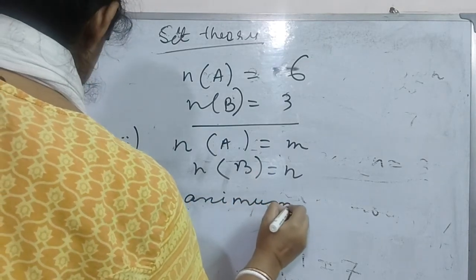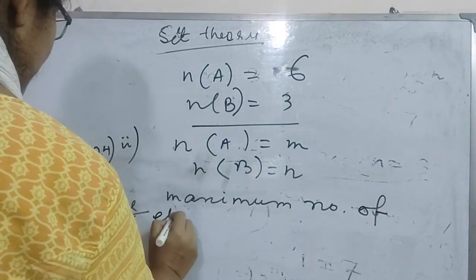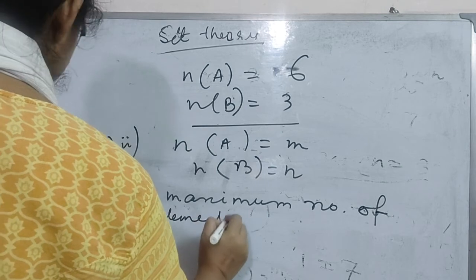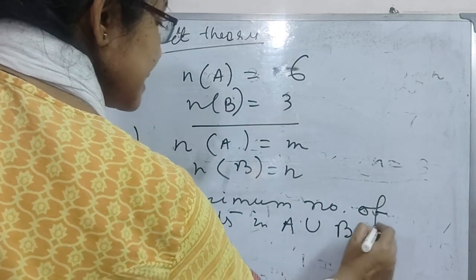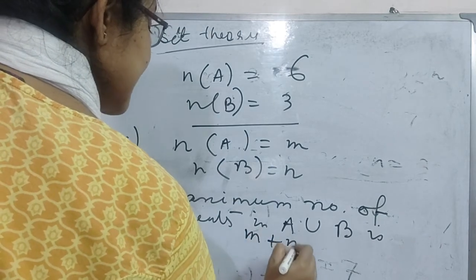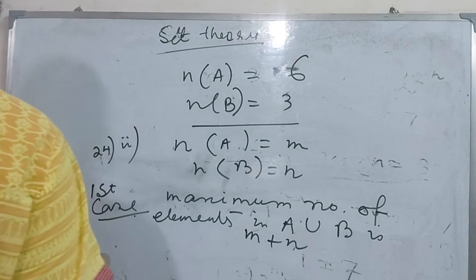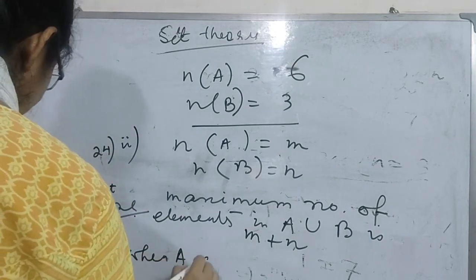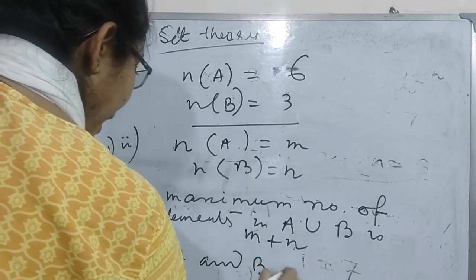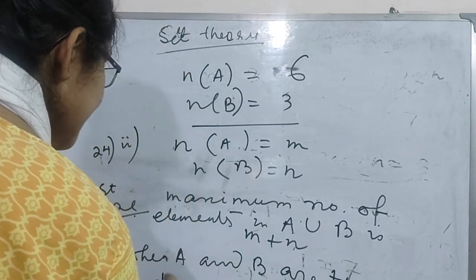First case, the maximum number of elements in A union B is m plus n, when A and B are two disjoint sets.